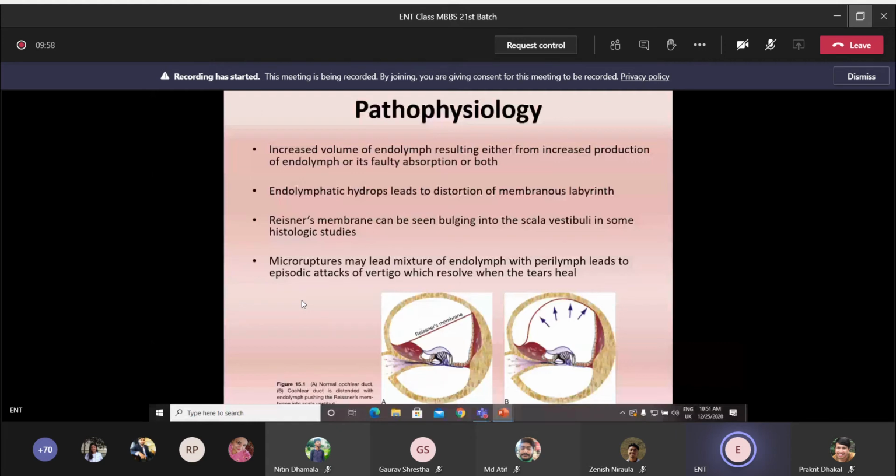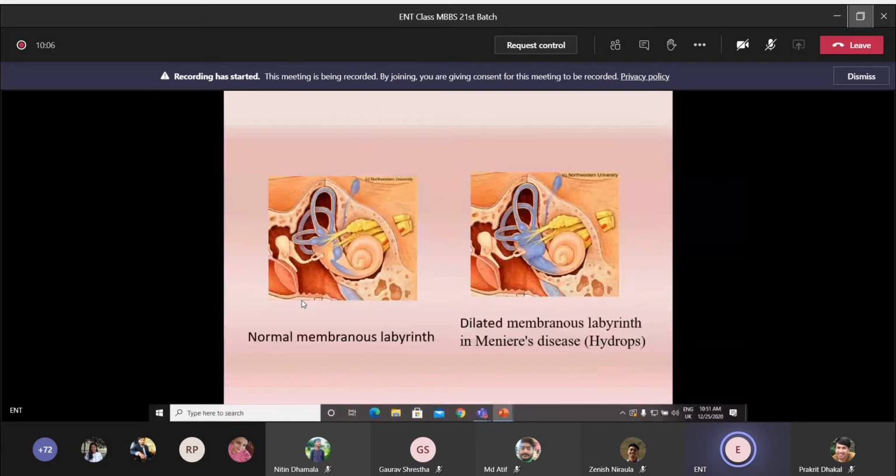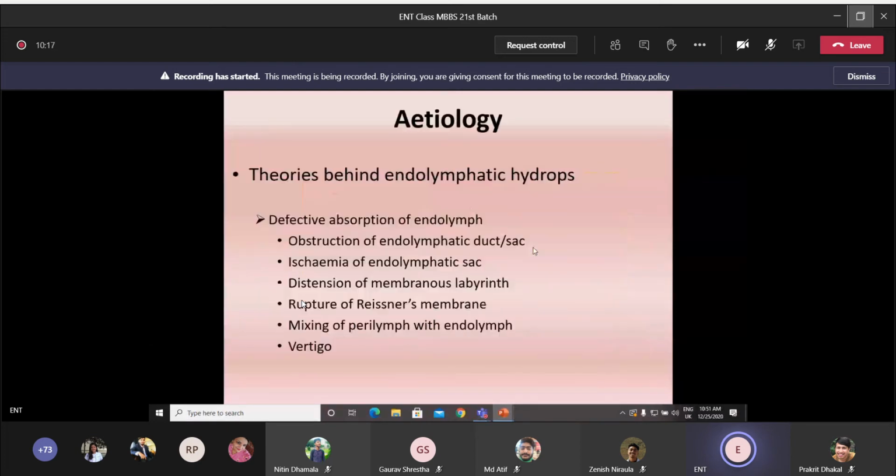But it slowly resolves when the tear starts healing. So this is the pathophysiology. As you can see in the pictures, the normal labyrinth and the dilated membranous labyrinth.